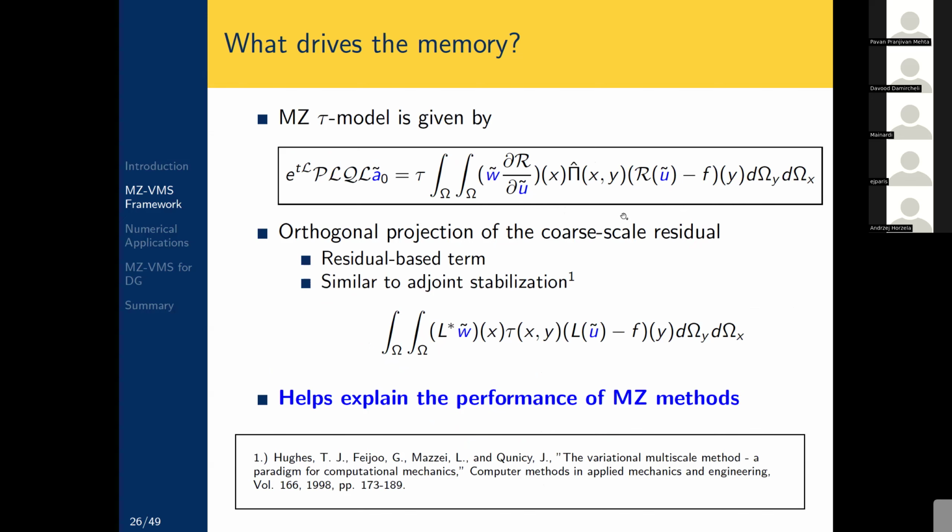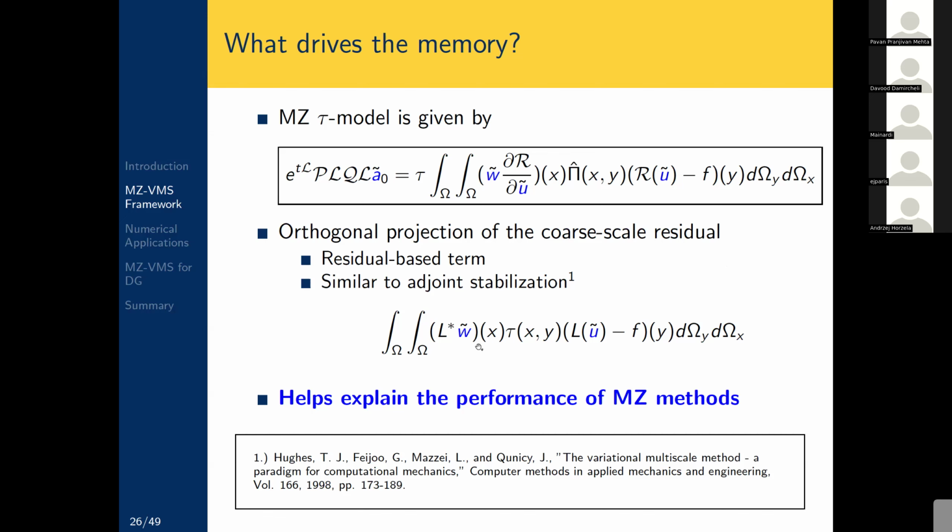For those of you who aren't familiar, in the classic finite element literature, there's a whole range of stabilization techniques known as residual-based stabilization. Examples are subgrid, streamline upwind Petrov-Galerkin, Galerkin least squares, and adjoint stabilization. All these methods are residual-based stabilization techniques.